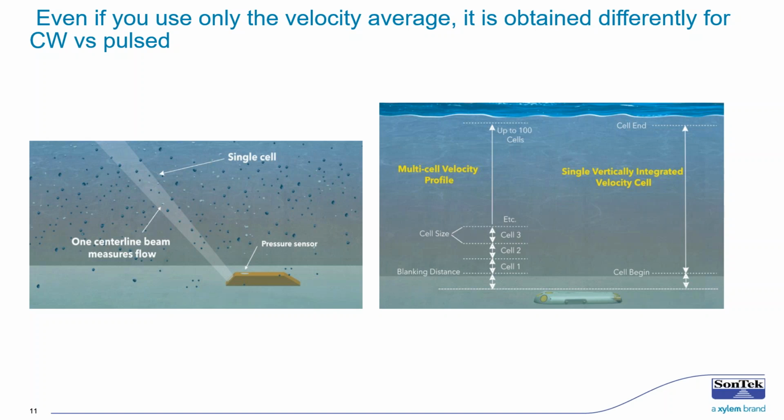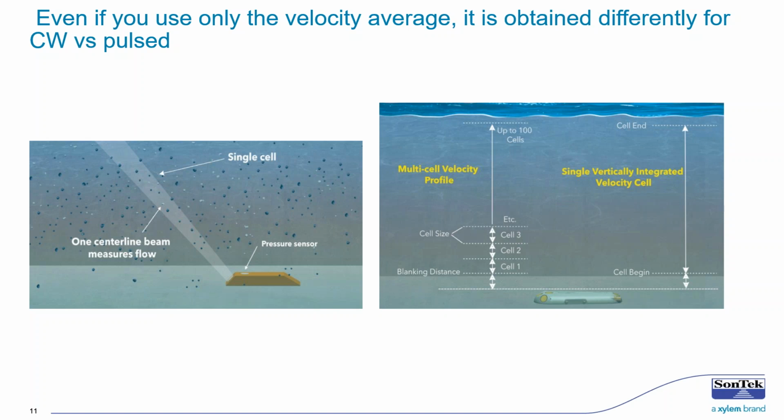So our first fundamental difference to notice about these two different Doppler systems is that even if all you care about at the end of the day is the average velocity for the average flow, that average number is calculated differently.